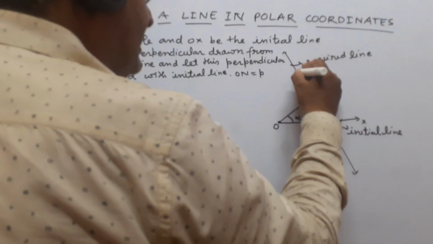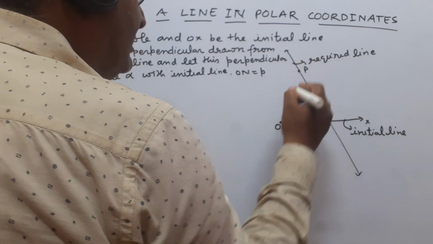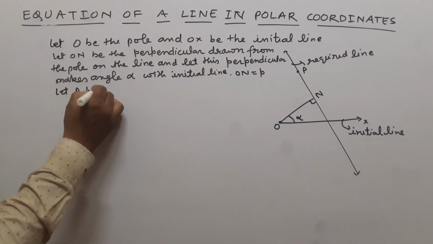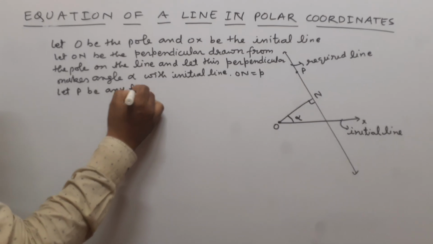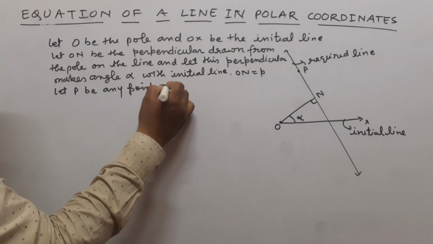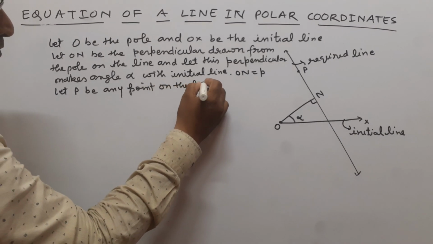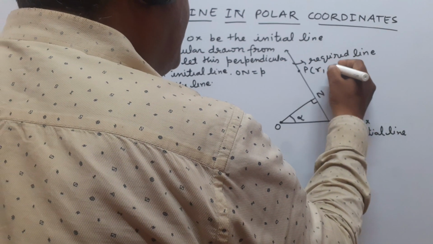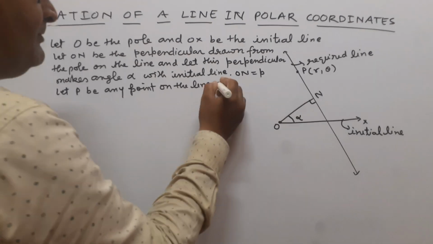Let us suppose that P be any point on the line. Let the polar coordinates of P be r theta.